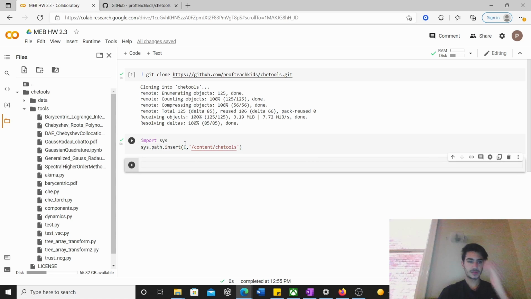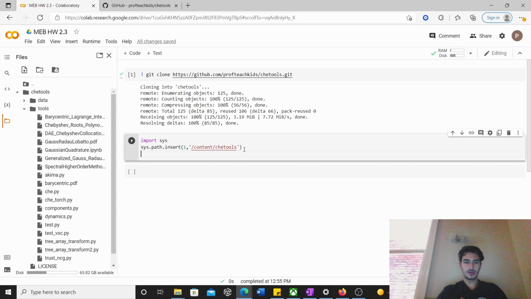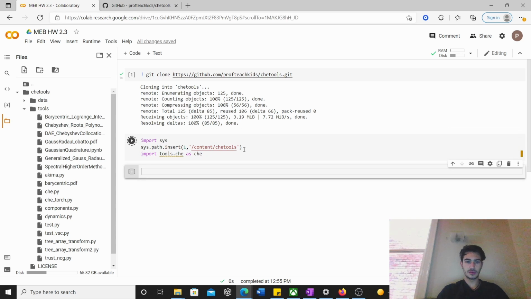Now we have that in there. We also want to simplify the CHE tools, so we'll simply import tools.che as CHE, as we've done many times before, just to simplify it throughout the process.